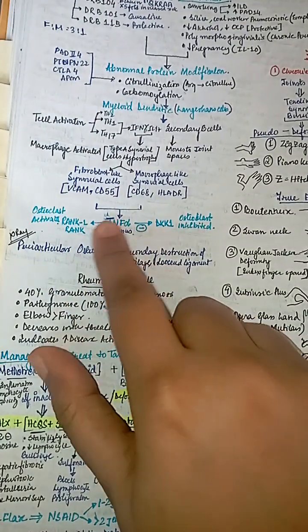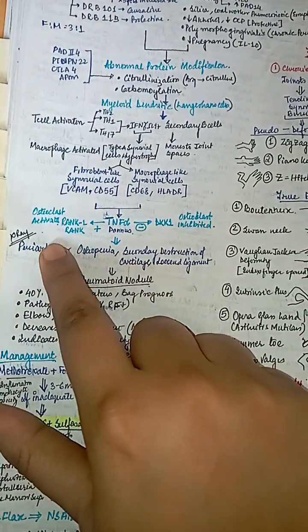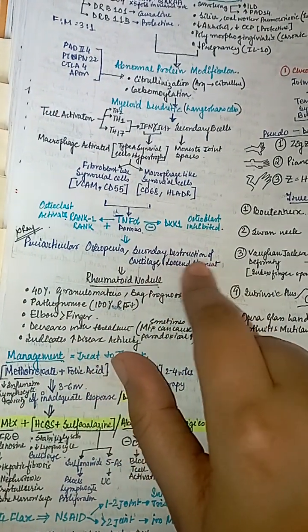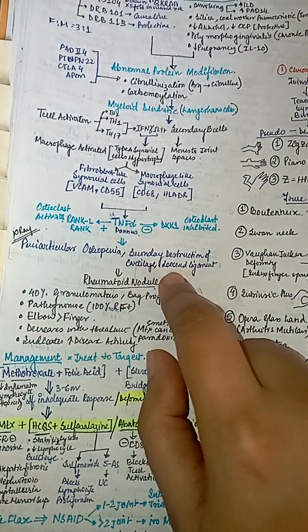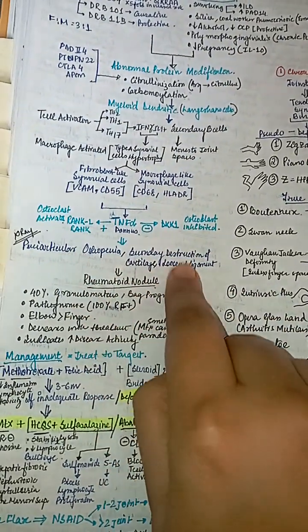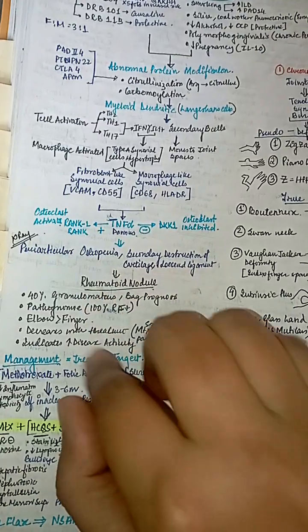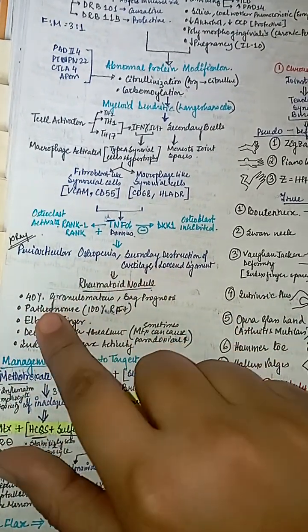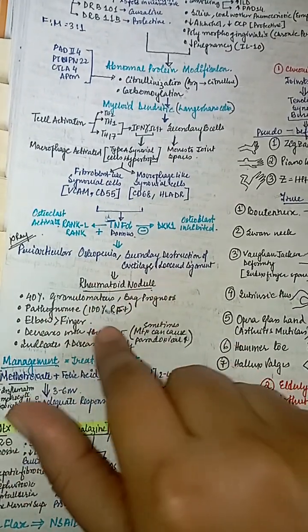This TNF alpha causes the periarticular osteopenia and secondary destruction of cartilage and loosening of the ligament. This loosening of the ligament, destruction of the joint space and the osteopenia cause rheumatoid nodule.